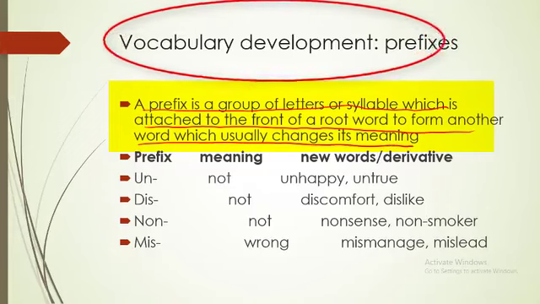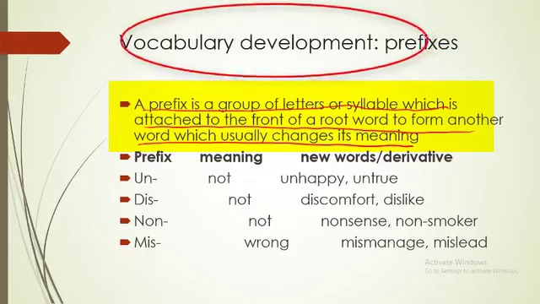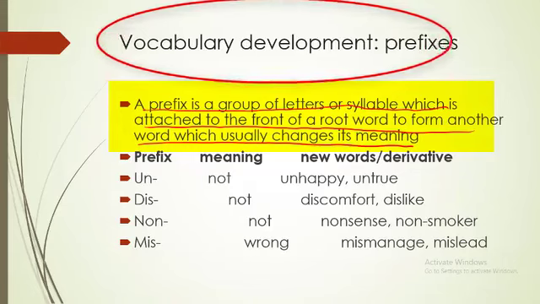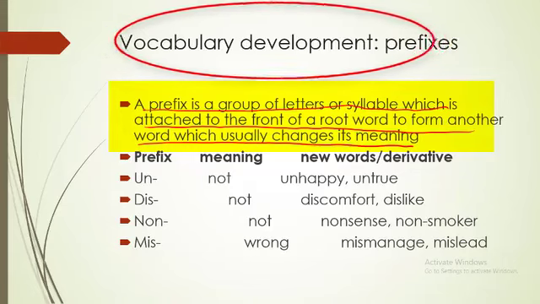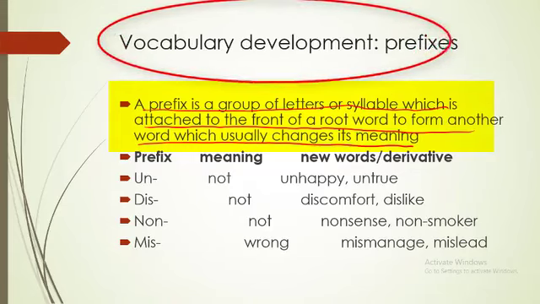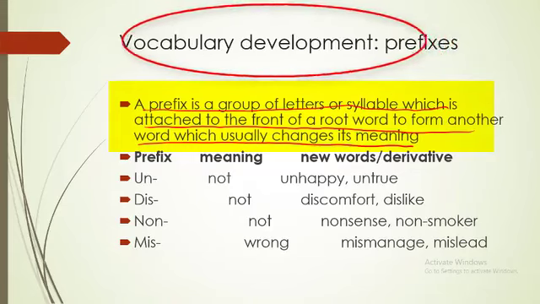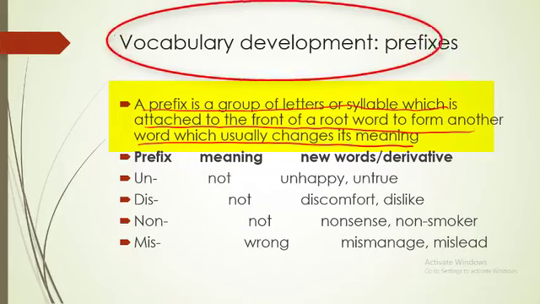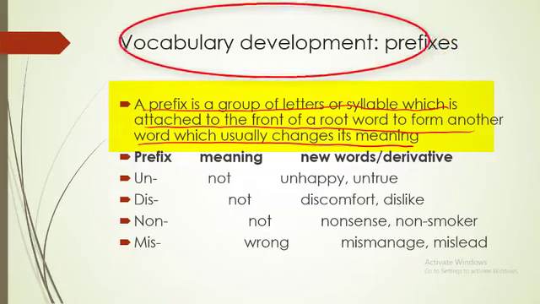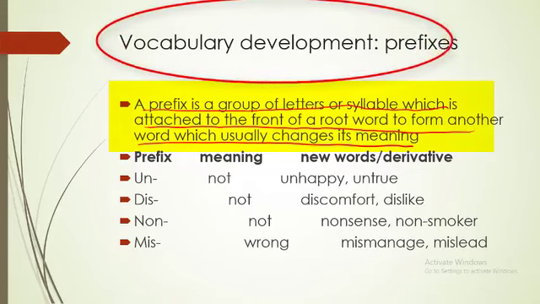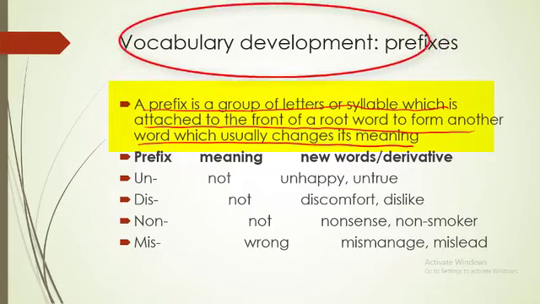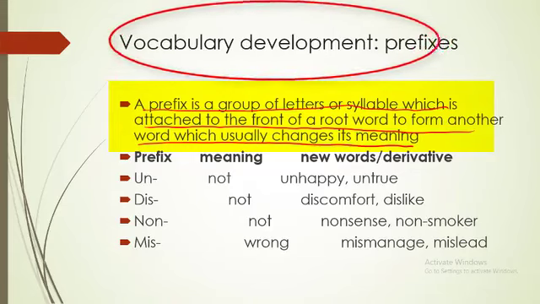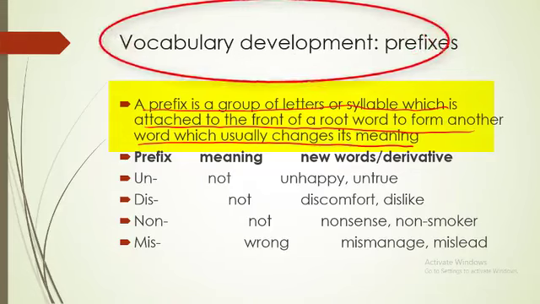When you add un to it, it changes not just the meaning but also the class. Happy, an adjective, becomes unhappy, meaning not happy. Untrue, it's not true. Dis added to verbs means not. Discomfort means no comfort. Dislike, no like.